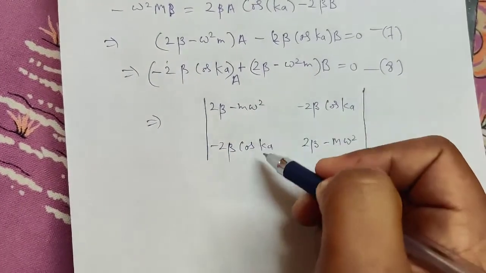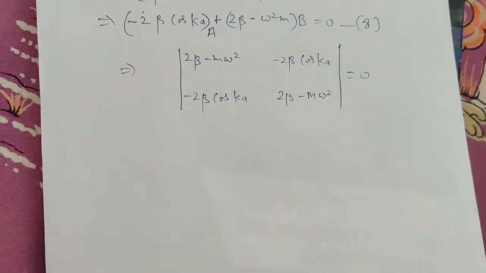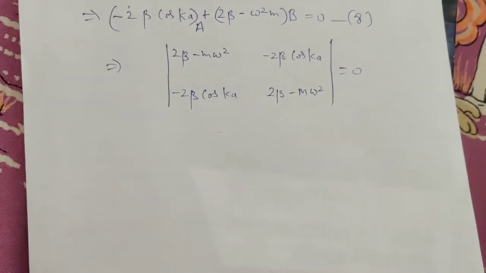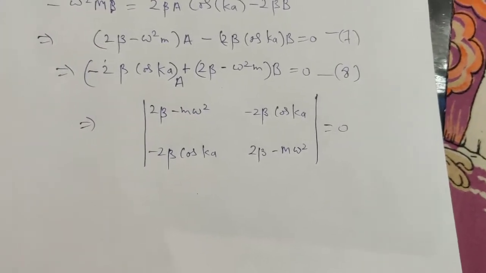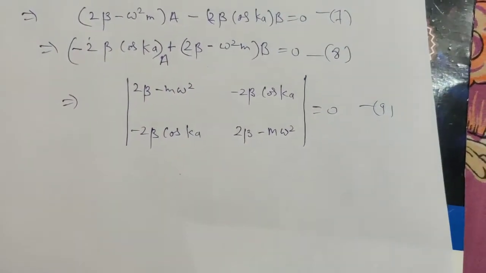This is for coefficient A, this is for coefficient B. If their determinant is equal to 0, they have non-trivial solutions. This is equation number 9.